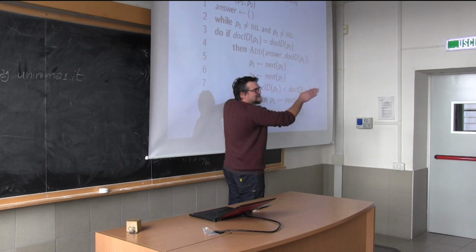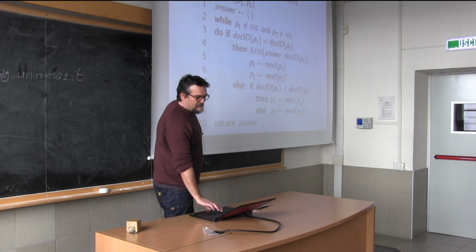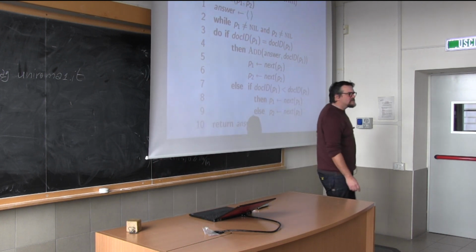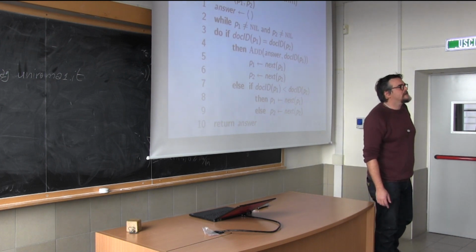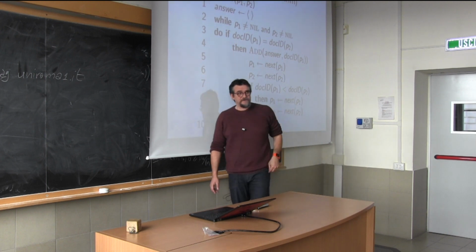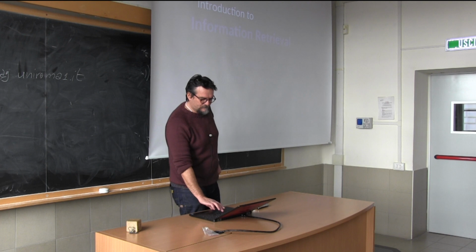Otherwise, you move on one side or on the other side. That's it. Done. So congratulations, you have answered in a more effective way your first query, a conjunctive query. Okay? Good.